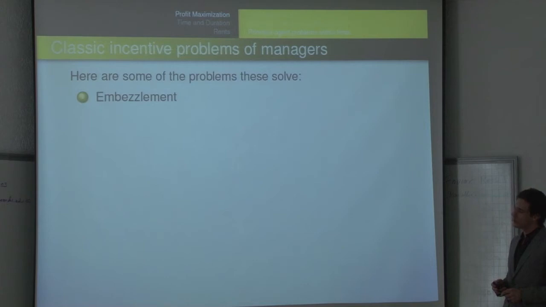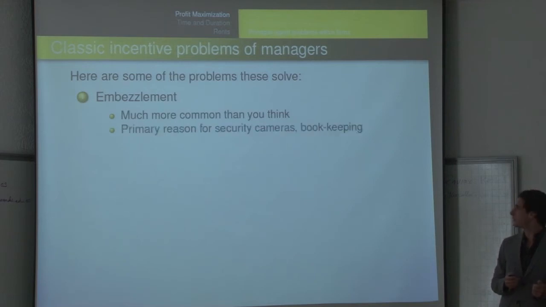OK, so what's one problem that the incentives we give to people in a company try to solve? One is embezzlement, right? And this is actually much more common than you think. In fact, there were some calculations that the primary reason why credit cards are used has to do with the fact that people at restaurants would otherwise steal from the cash register if there was a lot of cash sitting around there.